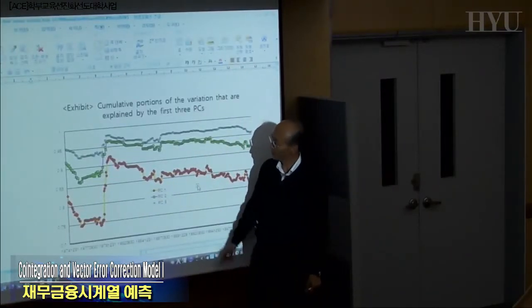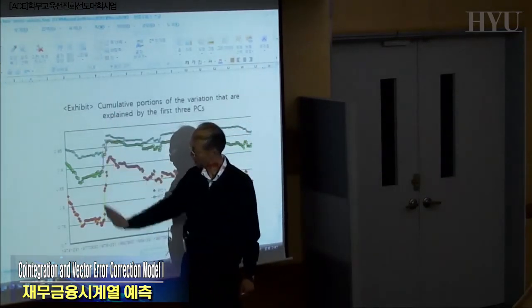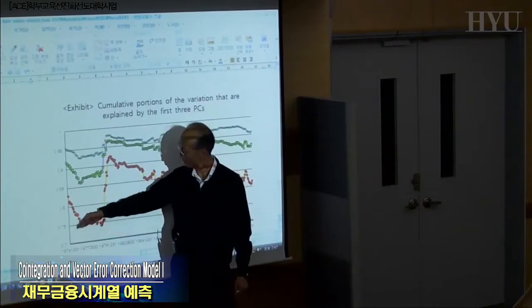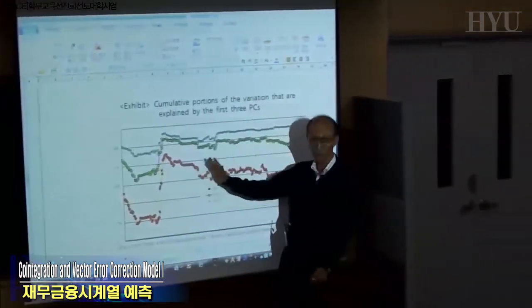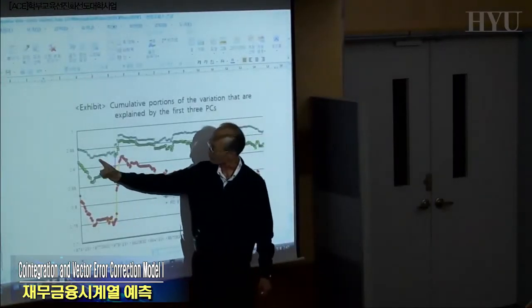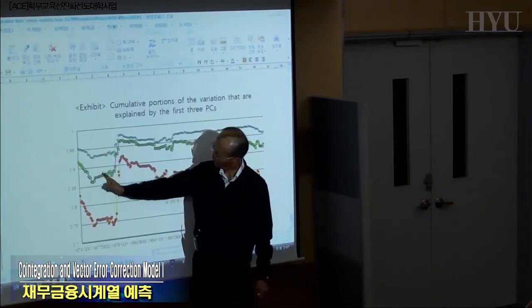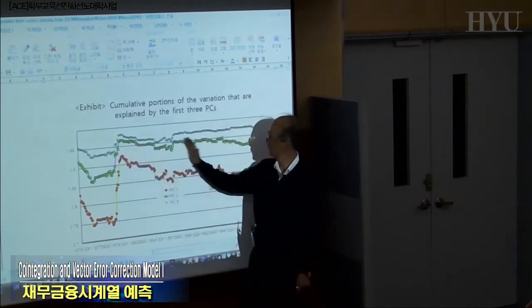As you can see, before some period, the first principal component explained relatively much less than in other periods. And the third principal component explained a fairly good portion of the variation, but later on gets smaller.